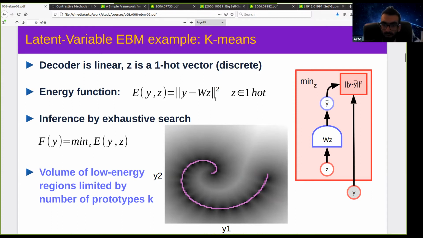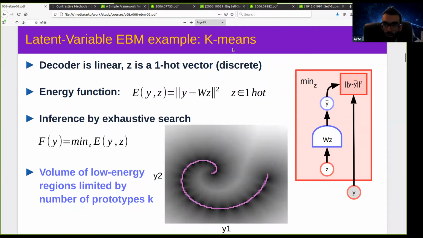So we index into this W matrix when we do K-means, and we find z's which correspond to the closest points to y from the training data, and we find this z by exhaustive search, right?